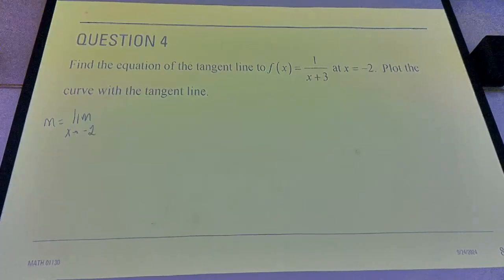F of x. What is f of negative 2? All over what? Write it that way for now.